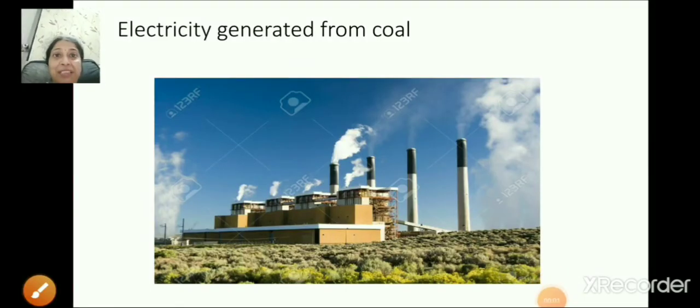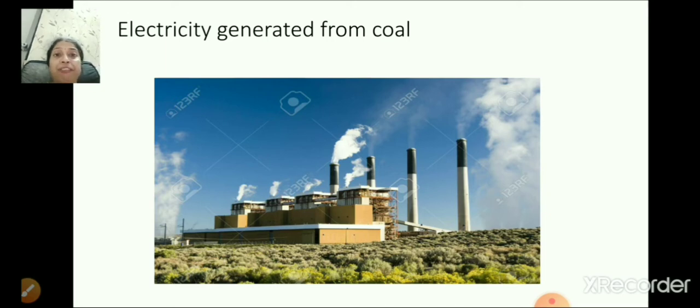Children will see electricity generated from coal. Coal is available in nature. So children, do you know where the reserves of coal are found? They are found under the ground. And we have a limited supply of coal in our planet.